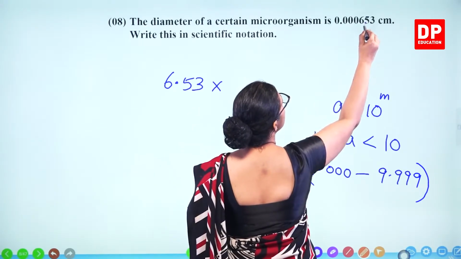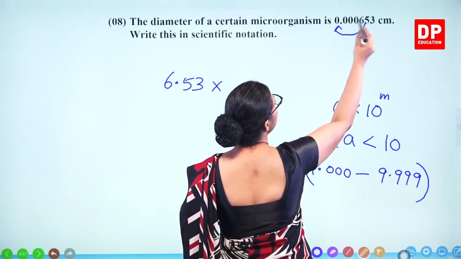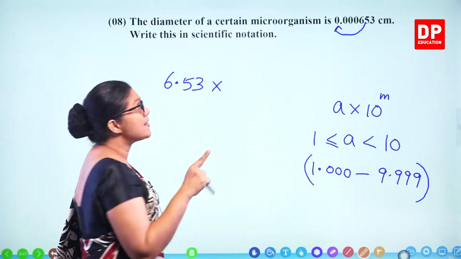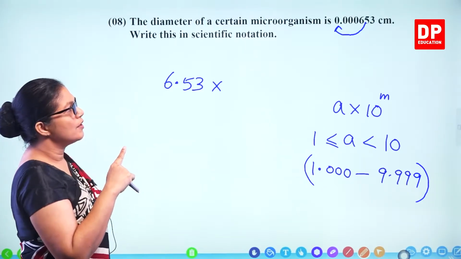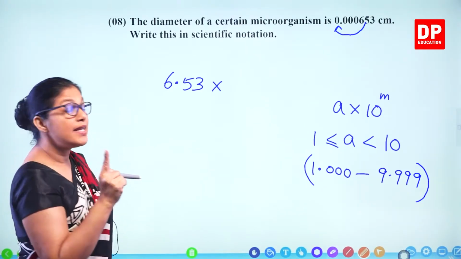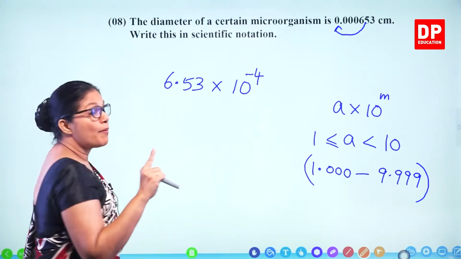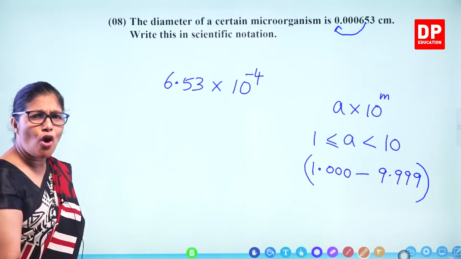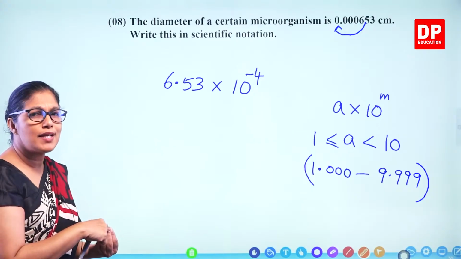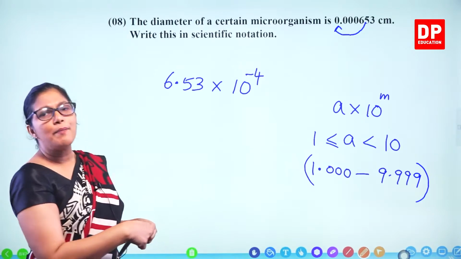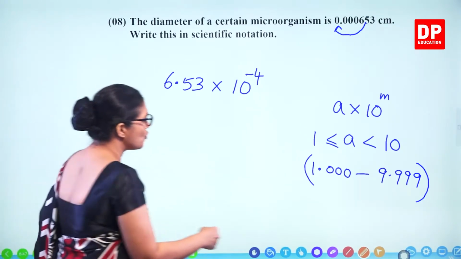The point from here to here: 1, 2, 3, 4. 4 places to the left you have to move. So that means a minus power, 10 to the power minus 4. Normally for a decimal value, a very small value, you get negative powers. Less than 1. Bigger numbers, more than 1, you get positive powers. So 2 marks for that.